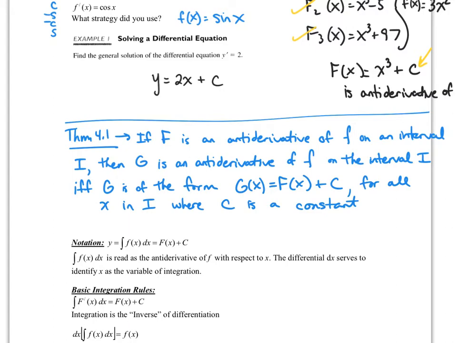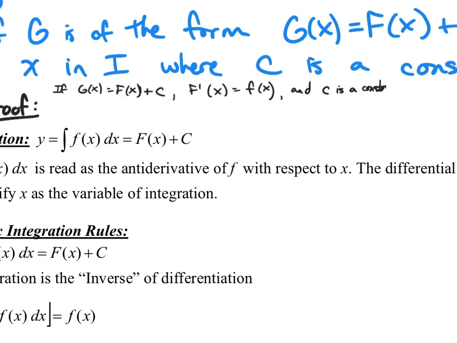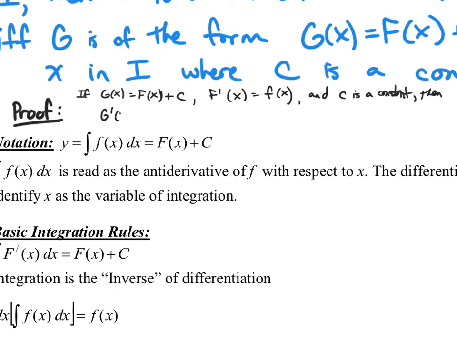So if I wanted to prove something like this, if g of x is equal to F of x plus c, F prime of x is equal to f of x, and c is a constant, then g prime of x is equal to the derivative of F of x plus c, which in fact gives me F prime of x plus 0, which we know to be f of x.